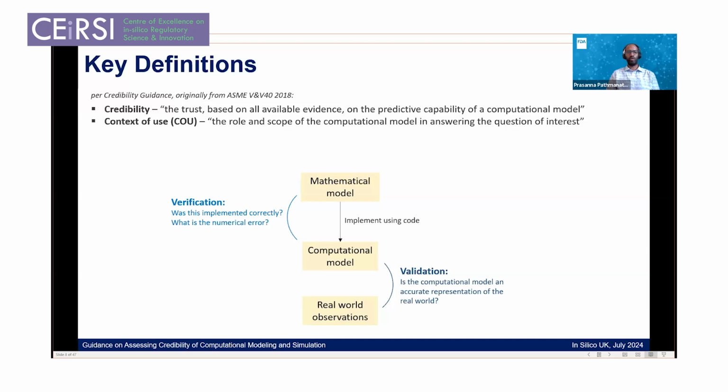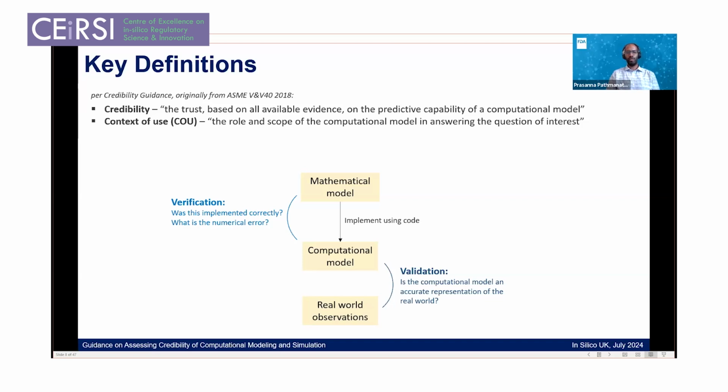Because usually with the mathematical models that we're working with, which are ordinary and partial differential equations, you need to introduce some kind of discretization, and that leads to some numerical error. So there are two related questions for verification: code verification and calculation verification, which I won't go into in detail, but I'll refer you to the previous talk.